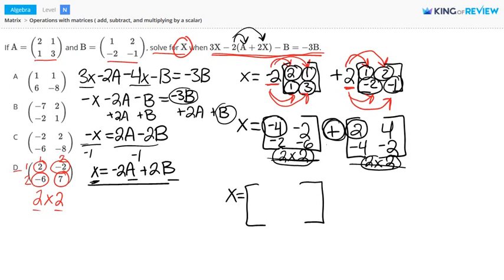Negative 4 plus 2 is negative 2. Negative 2 plus 4 is positive 2. Negative 2 plus negative 4 is negative 6. And negative 6 plus negative 2 is negative 8. So this is our final answer here, and letter C is correct.